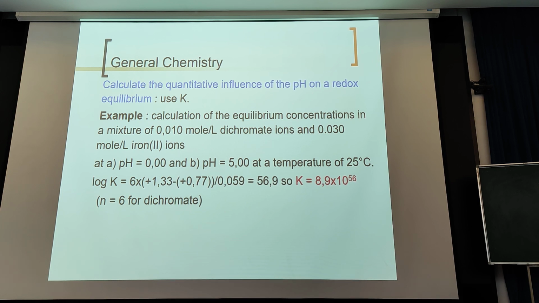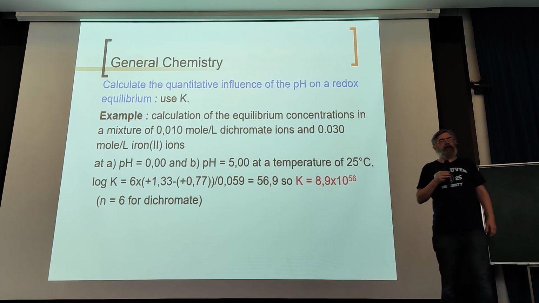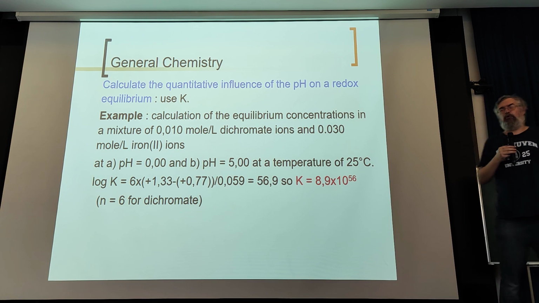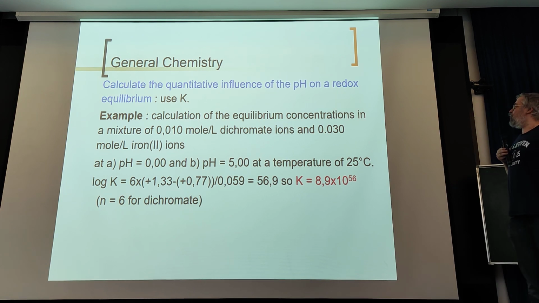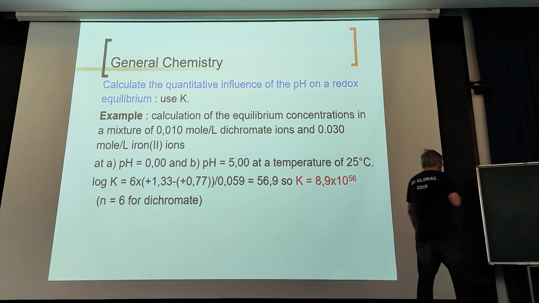That's a strong oxidant. It has an E0 of 1.33 volts. So we're using it to oxidize iron, and dichromate and iron are in the ratio 10 millimolar to 30 millimolar. And we do that at 2 different pHs.